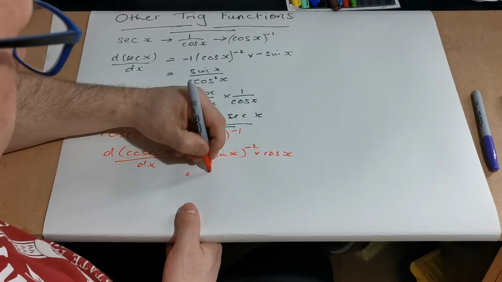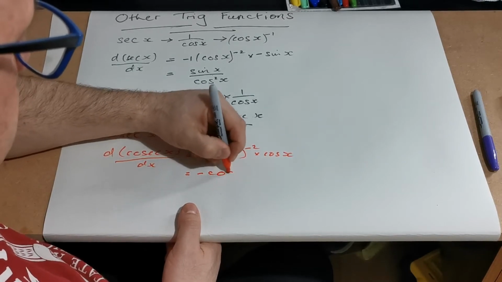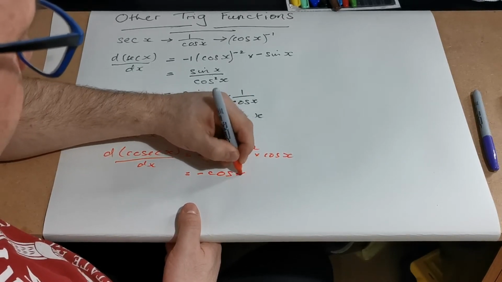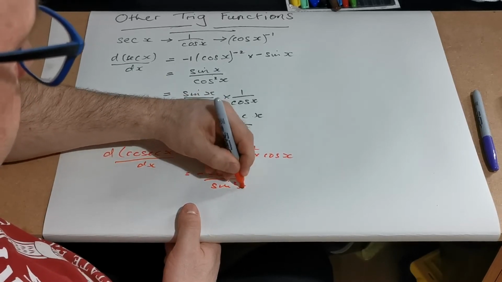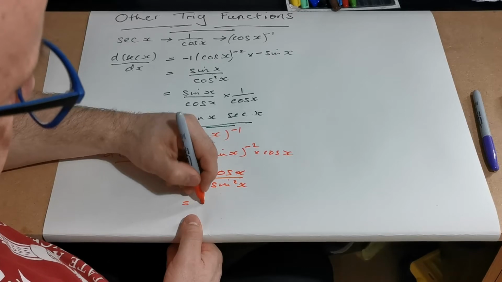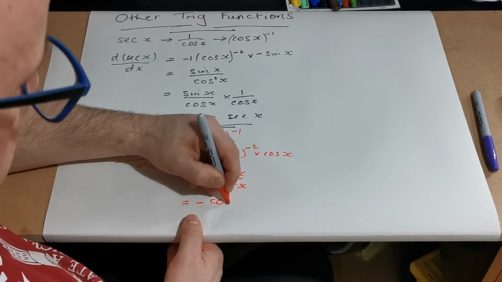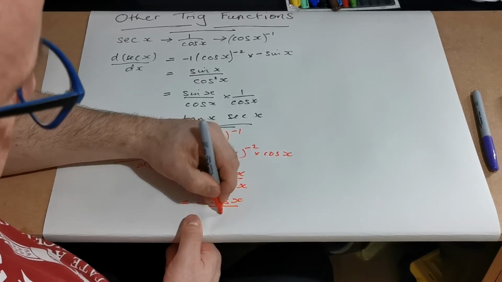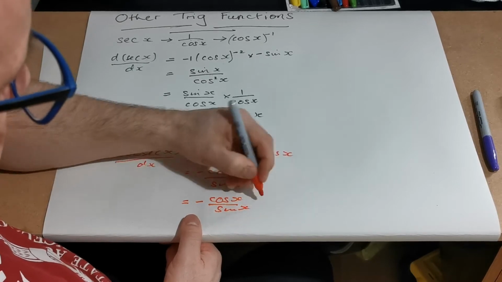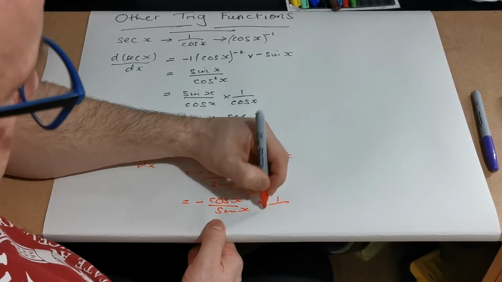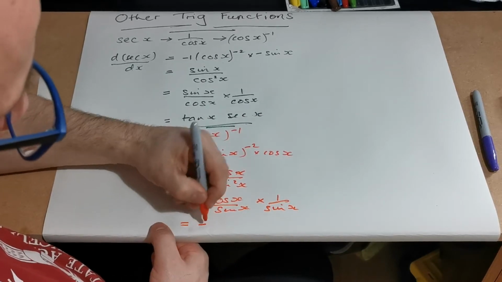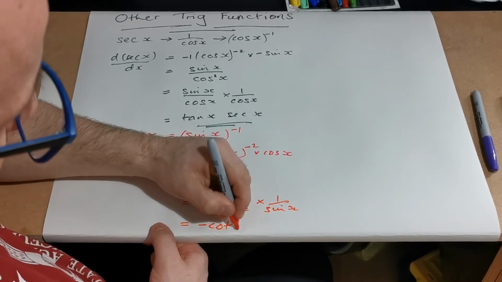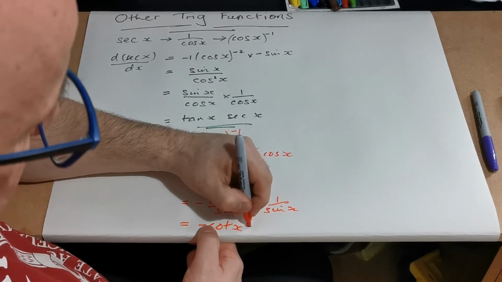So that would be minus cos x over sine squared x, which is minus cos x over sine x times 1 over sine x. So overall we get minus cot x cosec x.